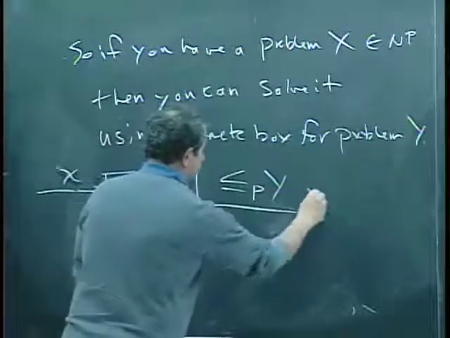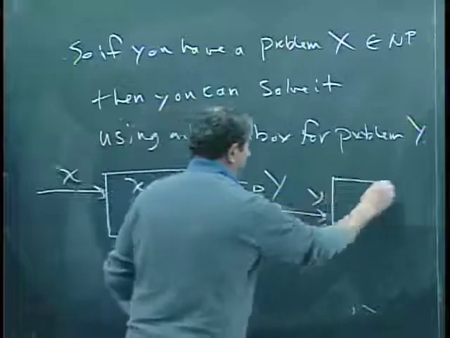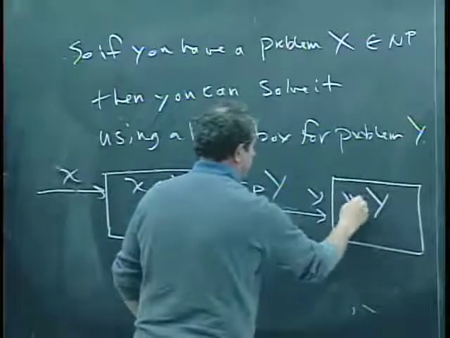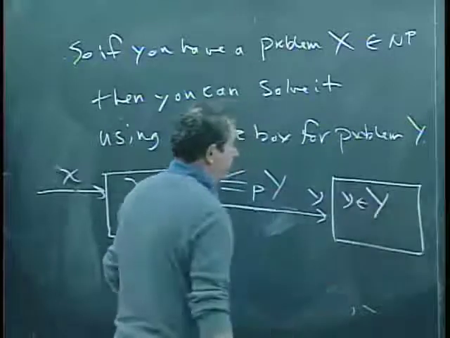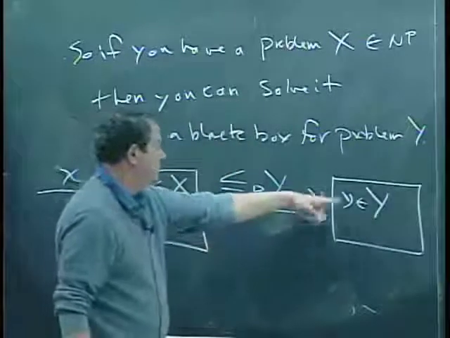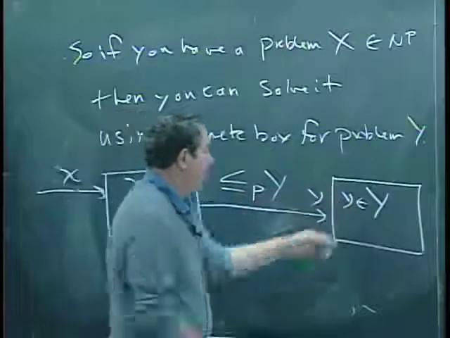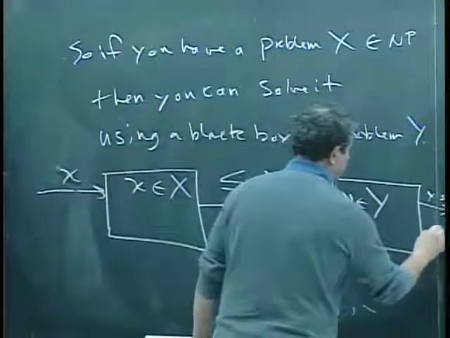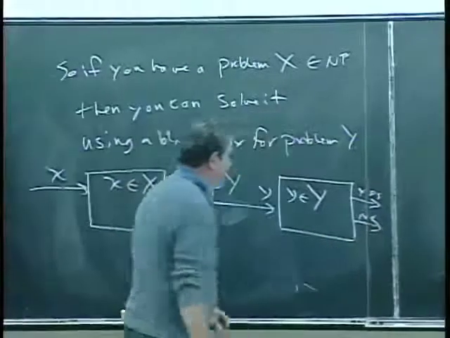So it produces a little y, which can be fed into the black box for problem capital Y, and then out of here comes either a yes or a no. Okay?